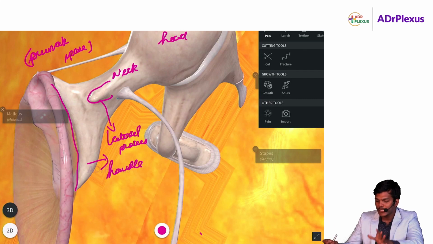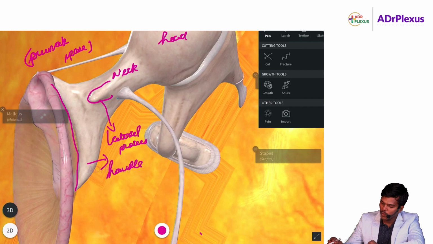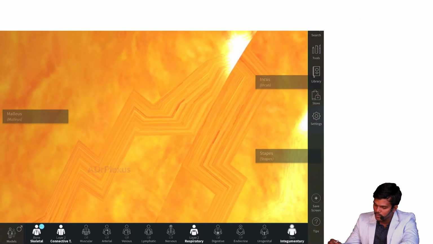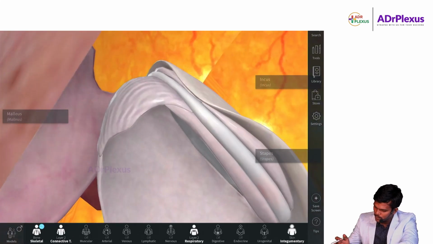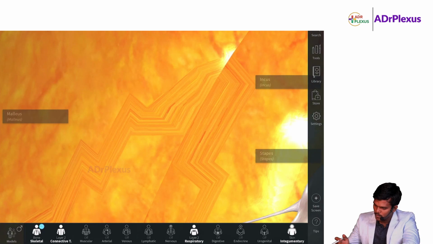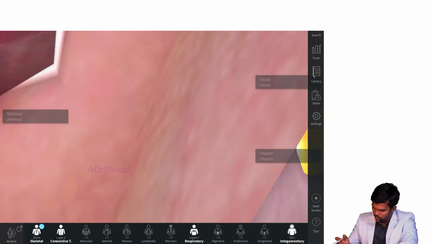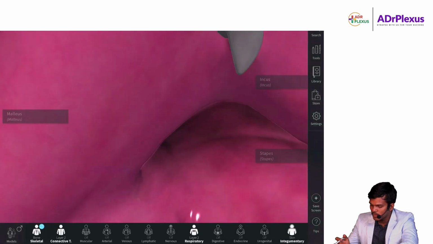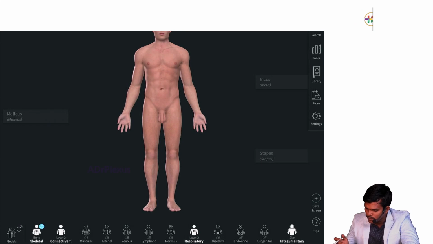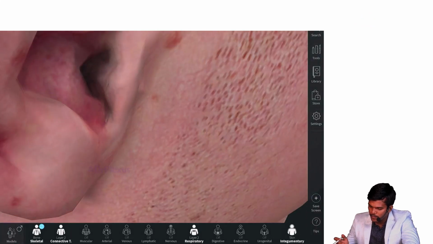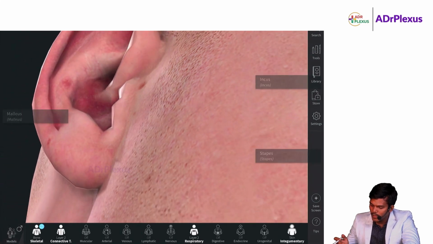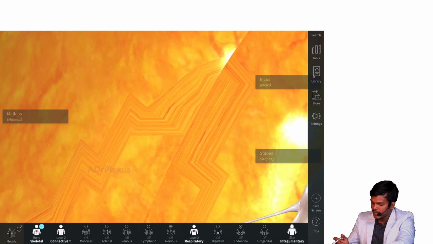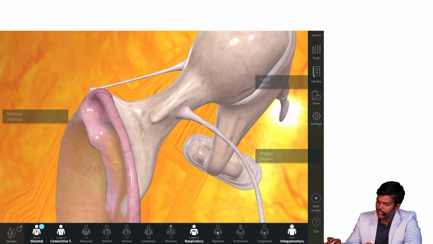Now if you are clear with this, we can learn about a space called Prussak's space. Okay, so this space is closely associated with our malleus. How? Now just look, the malleus is having parts such as neck of the malleus.